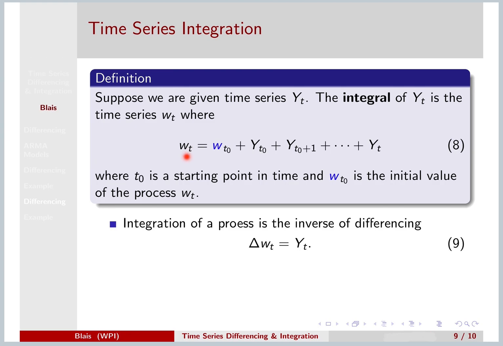So this integral, W_t, if we difference it, we get our original Y_t. And notice this integral is coming from the idea of accumulation. So you're accumulating the previous values, the values at times prior to Y_t, up to Y_t.